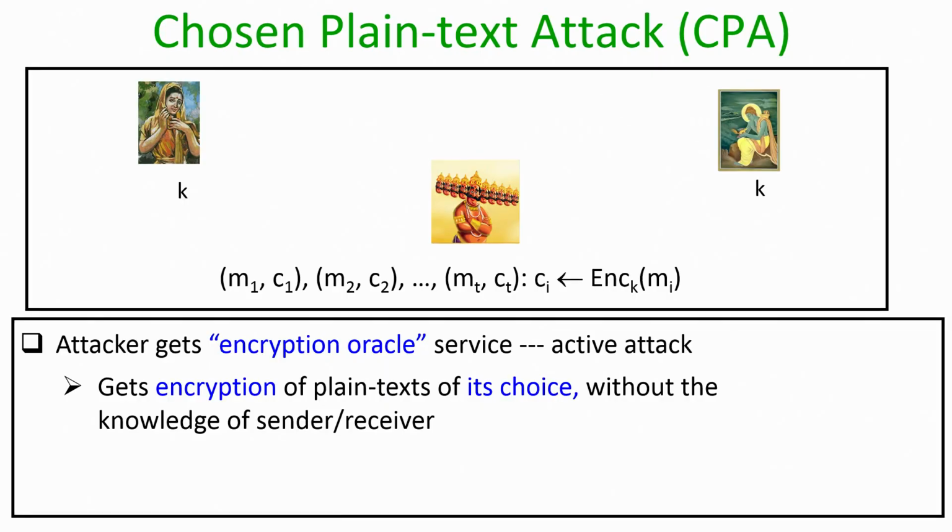In this particular case, the pairs M1 C1, M2 C2 and MT CT, where all the ciphertexts are the encryptions of the corresponding messages under the unknown key K. So, the kind of information available to the attacker here is the same as in the KPA. In the KPA model also the adversary was provided with several message ciphertext pairs under the unknown key K, and here in the CPA model also.